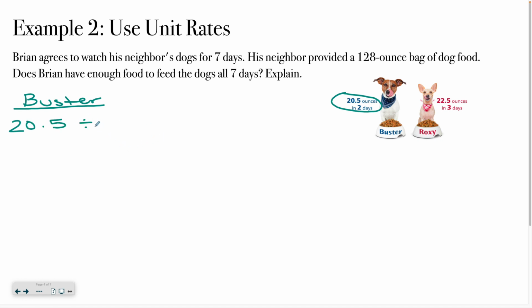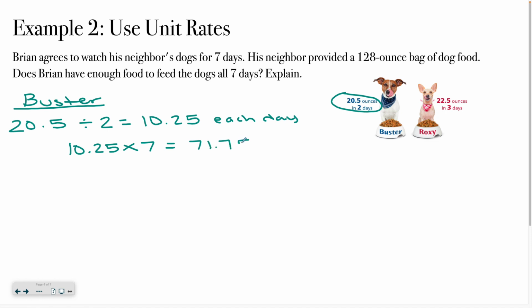So I would do 20.5 divided by 2 in order to figure out how much he eats in 1 day. 20.5 divided by 2 is 10.25. So that's how much Buster eats each day. Then to figure out how much Buster eats in a week, I would say 10.25 times 7, and when I do that, I get 71.75.